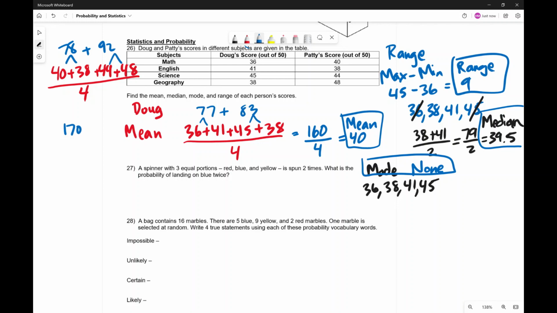So 170 divided by 4 will give us 42.5, and that will be the mean for Patty.